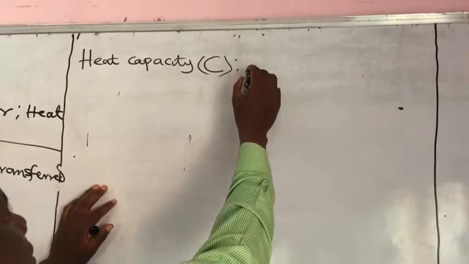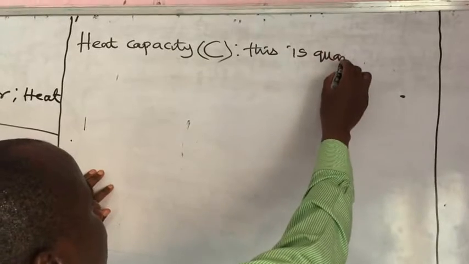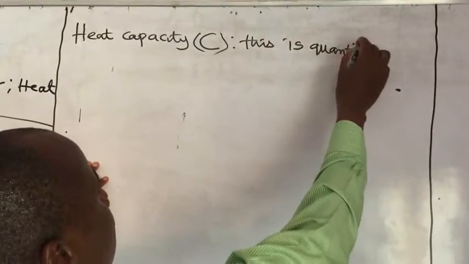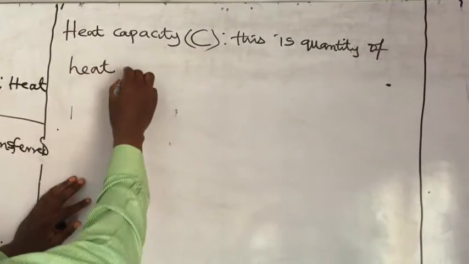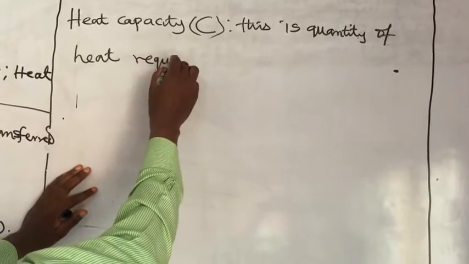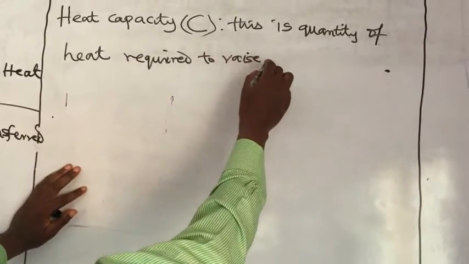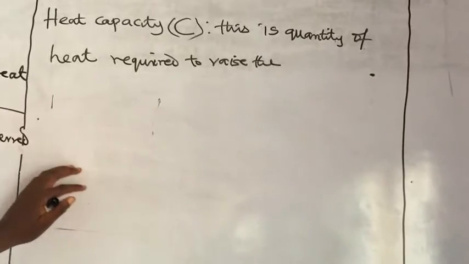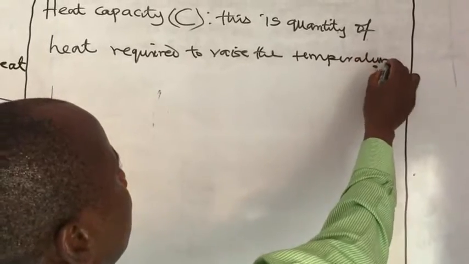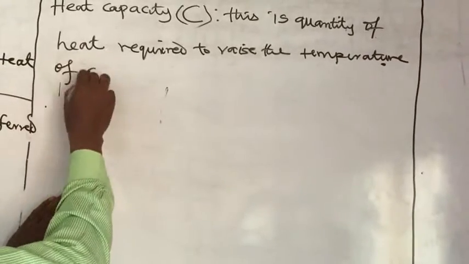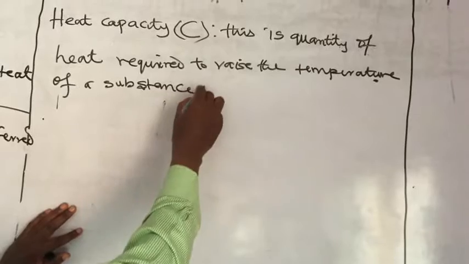Heat capacity is the quantity of heat required to raise the temperature of a substance by 1 Kelvin.